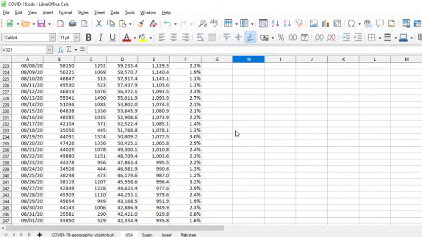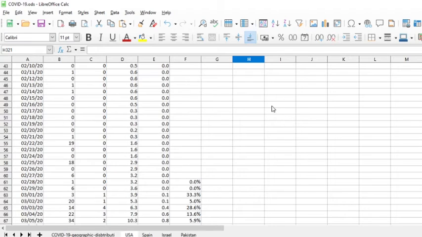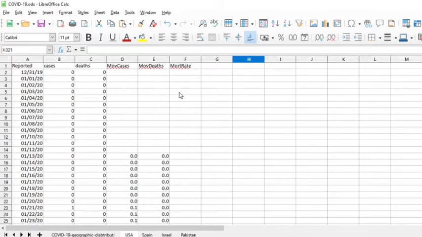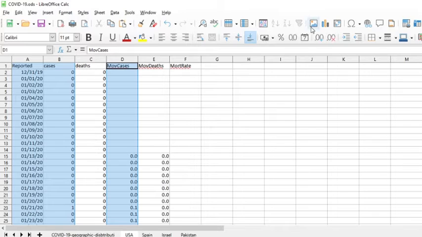So that's really interesting. Let's save that. All right. So let's try this one more time. Date, cases, moving average.